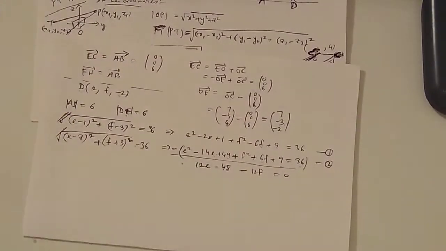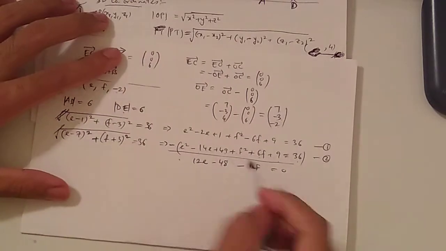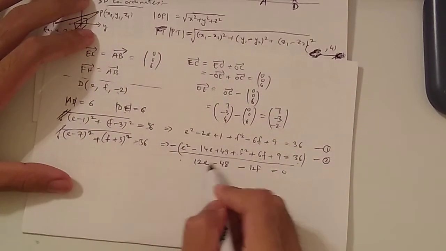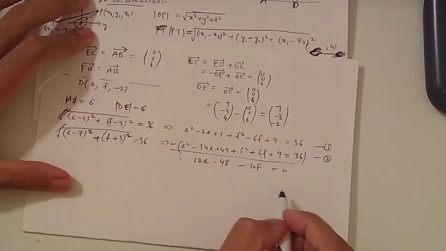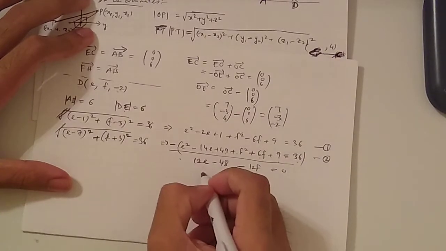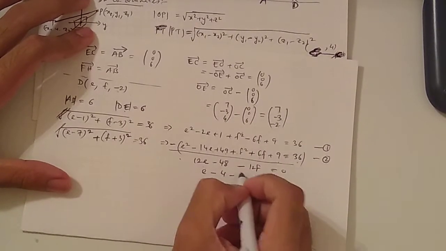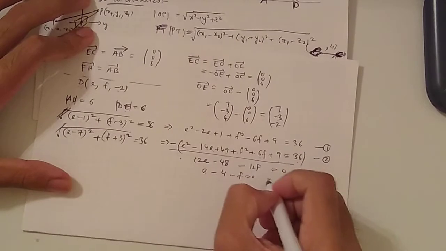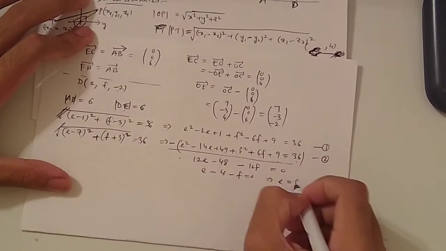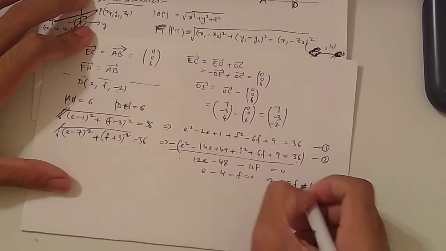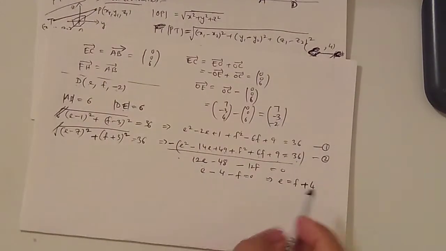In other words, we get an expression for e: 12e minus 48 minus 12f is equal to 0. Therefore, e minus 4 minus f is equal to 0, or in other words, e is equal to f plus 4.